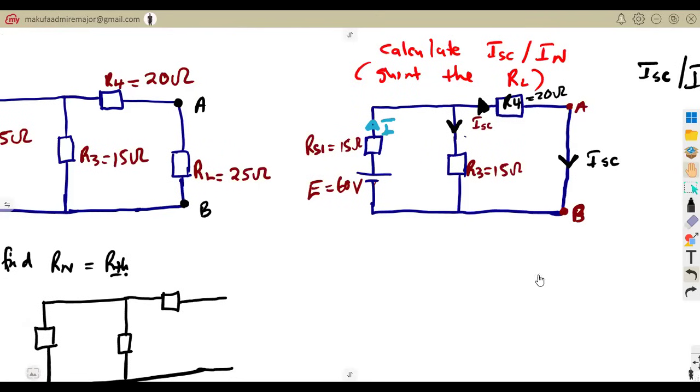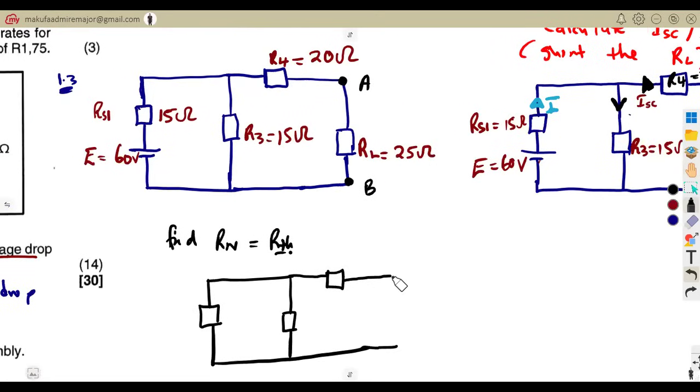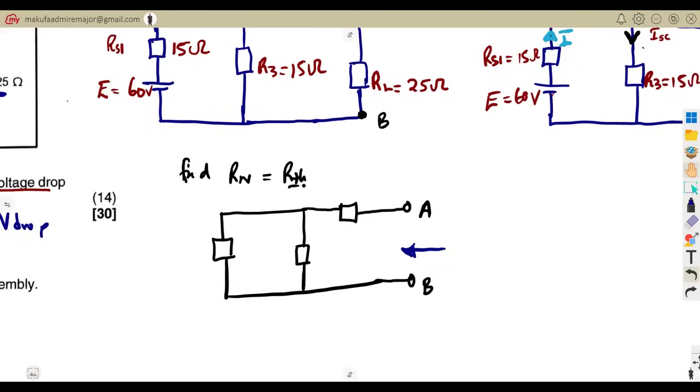This time, you just open the points A and B, because you need to calculate the look-in resistance, the way that you look into the diagram. How do you see these resistors connected?